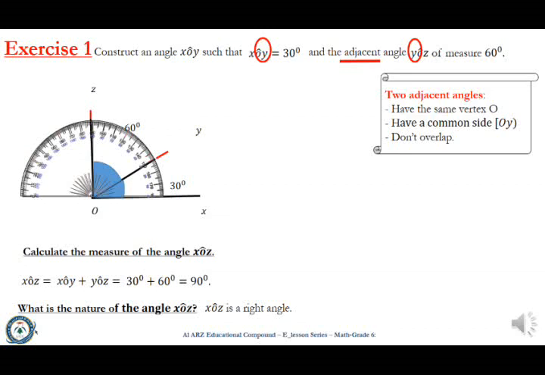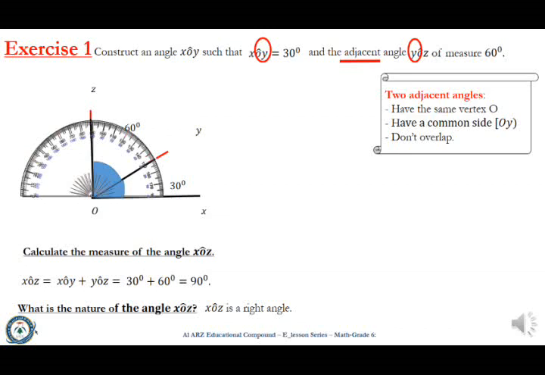So you put your protractor on OY, line the zero with OY, measure 60 degrees, mark the point, remove your protractor, and draw the other side OZ. Write the measure 60 degrees. YOX is to the right of OY and YOZ is to the left of OY.